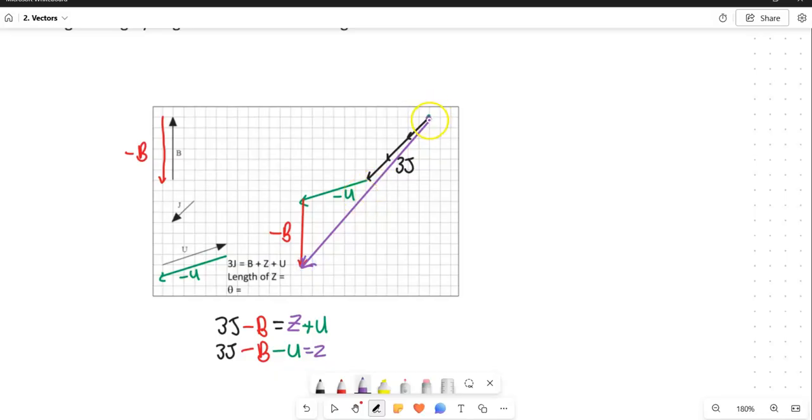So we have to count this distance down. That's 2, 4, 6, 8, 10, 12, 14. So the z in the y direction is negative 14. And this is z.